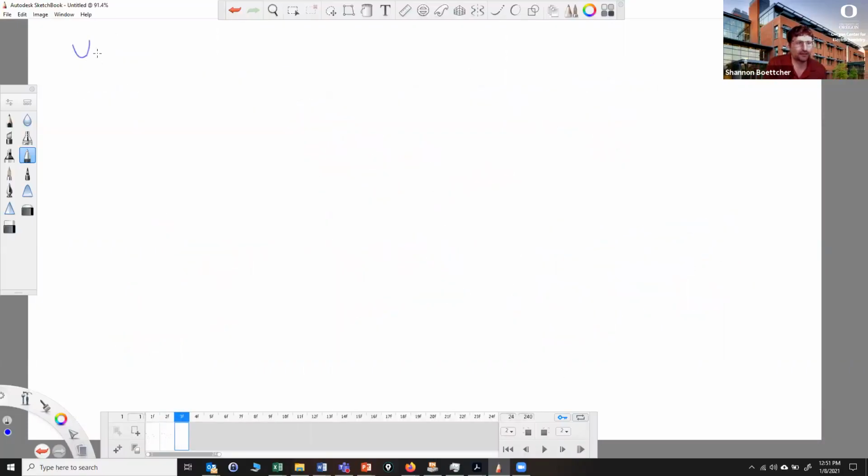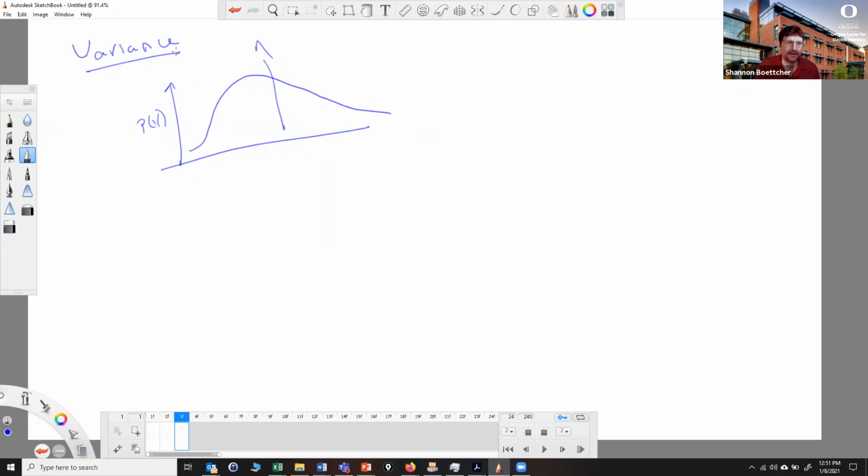Okay, so the next thing I want to talk about is variance. What does variance mean? I might have some distribution that looks like this. It might have a mean here. And the variance tells you about the spread of the distribution.